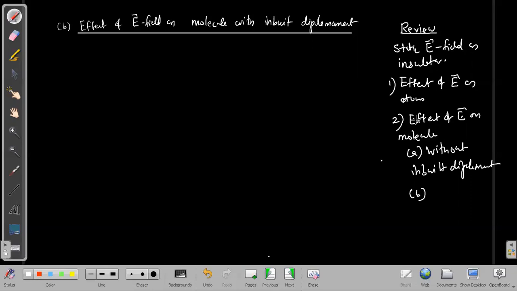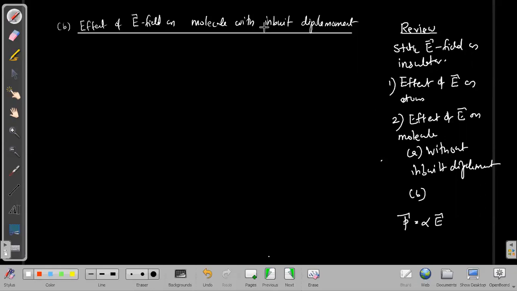That is the major difference. And in case of molecule, the equation connecting the induced dipole moment and electric field will become a tensor equation. So in general, P equal to alpha E. Alpha is a scalar in case of atom, and alpha is a tensor in case of a molecule. That is what we discussed in the last lecture.